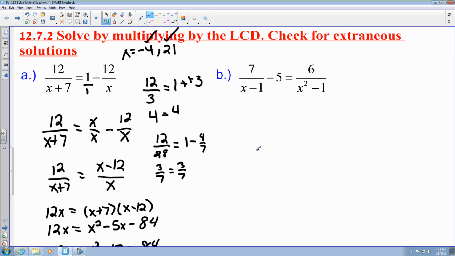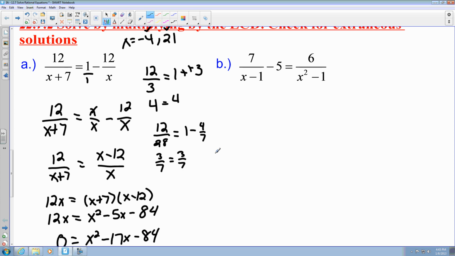Last example, let's look at B. We got 7 over x minus 1, all minus 5, equals 6 over x squared minus 1. Okay, so in this case, the left-hand side of the equal sign doesn't have a common denominator before we can cross multiply.